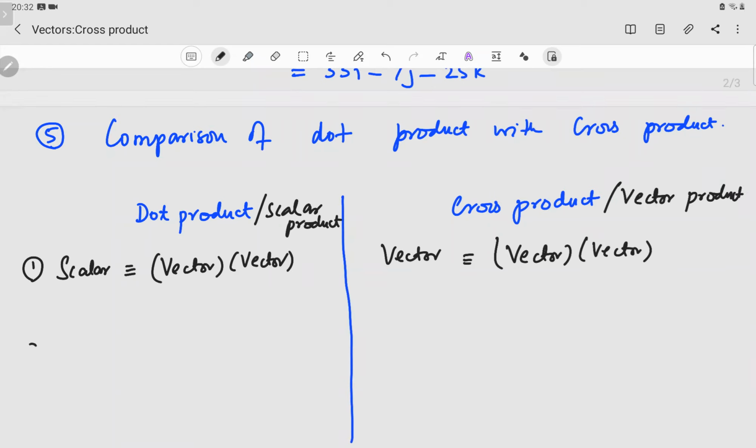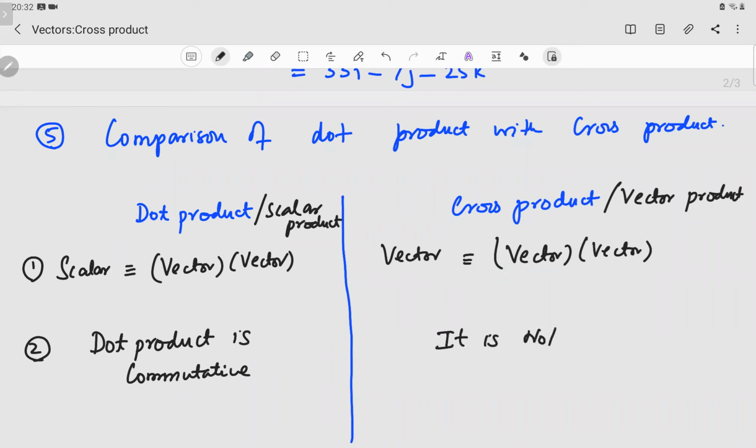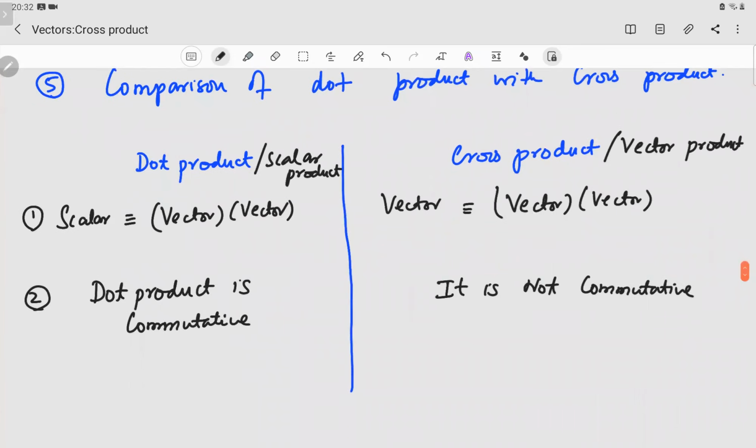Okay. And the second thing is that dot product is commutative. Cross product is not commutative. What is the meaning of being commutative? Commutative means that the order does not matter. In dot product, OA dot OB is equal to OB dot OA.